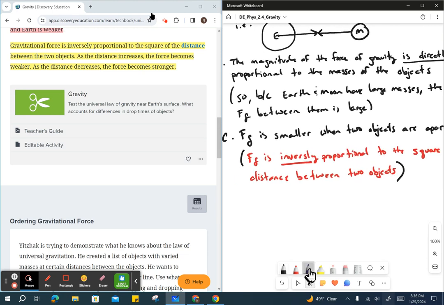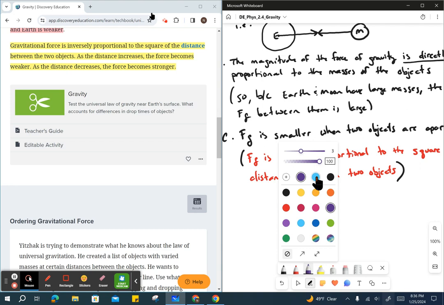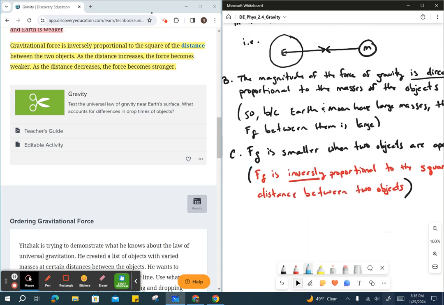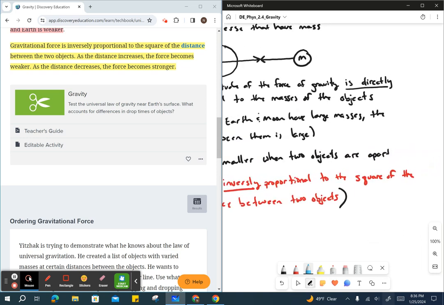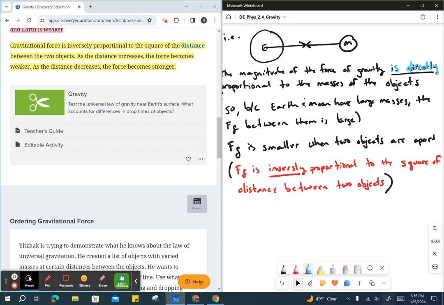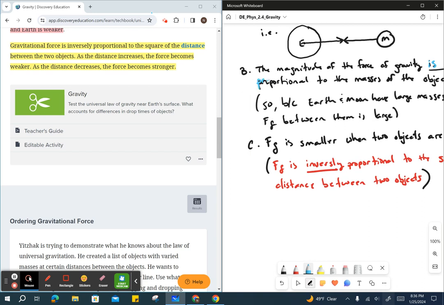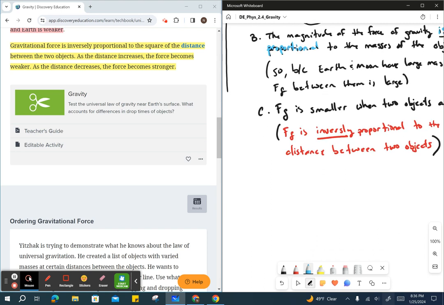And we said that the magnitude of the force of gravity is directly proportional. The reason I'm doing these color codings now, you've already written this out, but let's write something you are familiar with. Remember this?